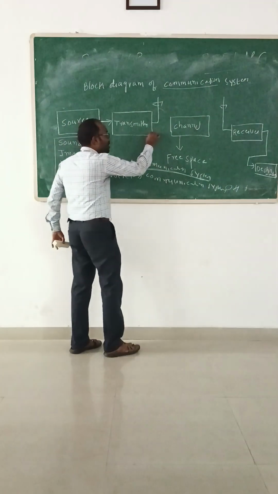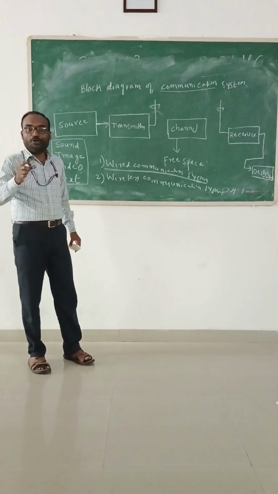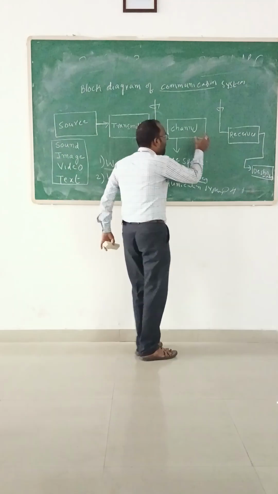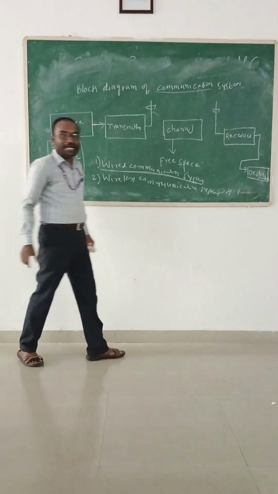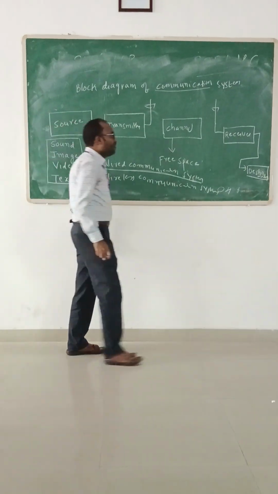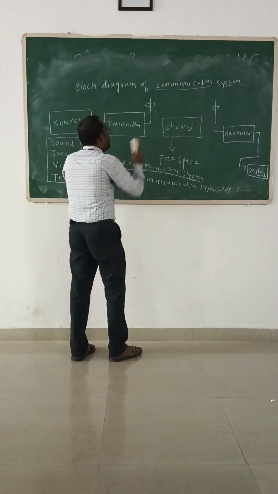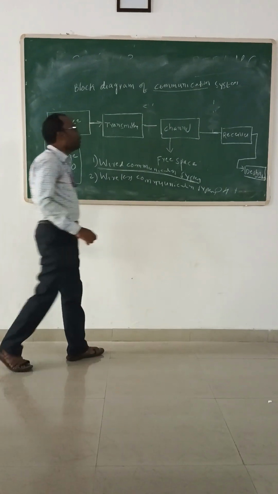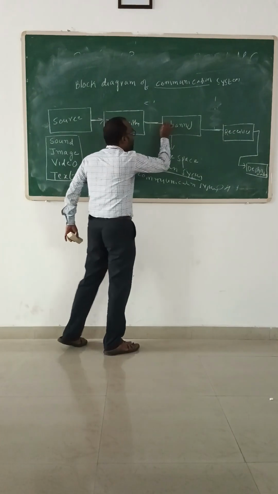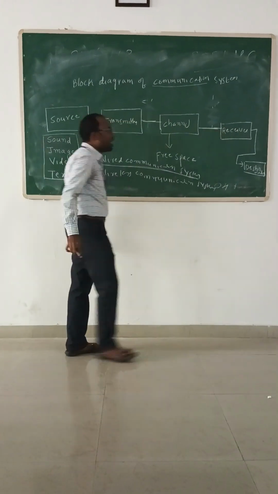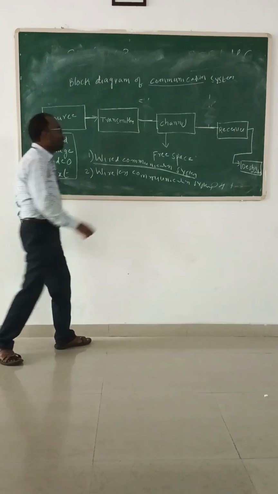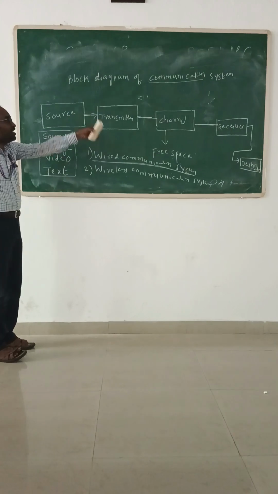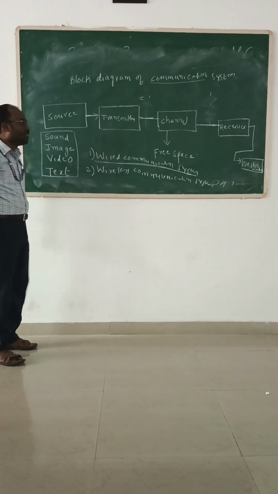If the transmitter and channel are connected through a group of wires or a coaxial cable, and the channel is also physically connected through the coaxial cable or group of wires to the receiver, we call that type of communication system a wired communication system. See here, I am drawing a line from the transmitter to the channel and from the channel to the receiver. This is the physical connection.